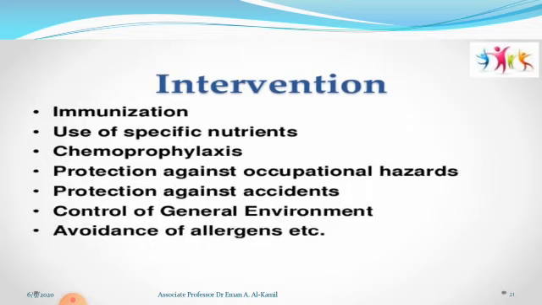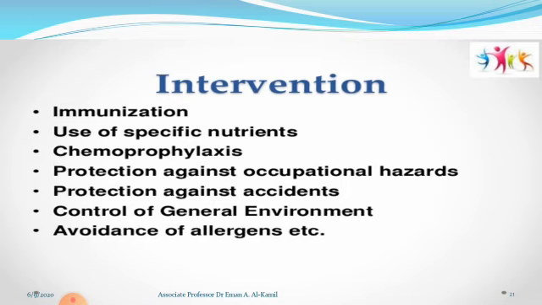Intervention includes immunization, as we mentioned, use of specific nutrients, chemoprophylaxis, and protection against occupational hazards. For example, people who work in construction or at high places should wear a helmet in order to decrease the risk of head trauma if they have a fall.